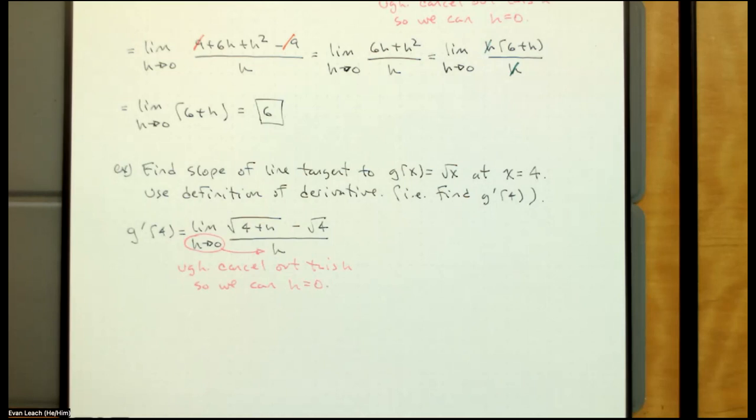Anyone have a strategy? How do we deal with these radicals?